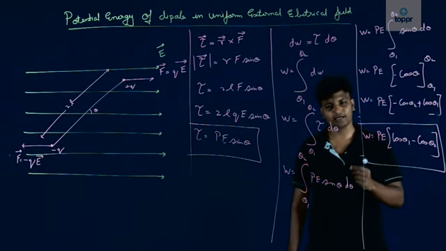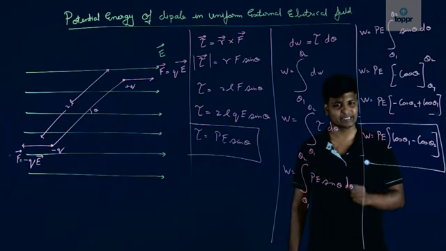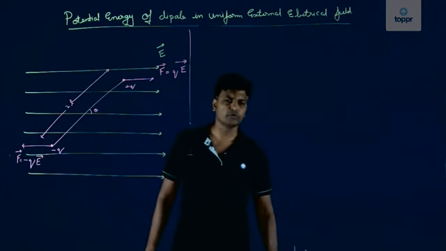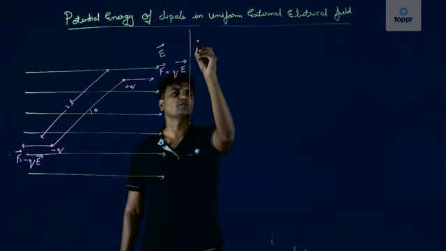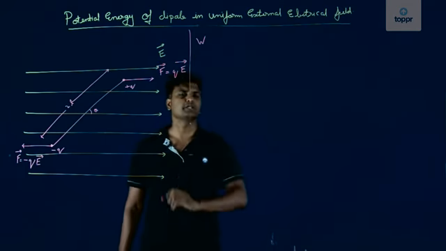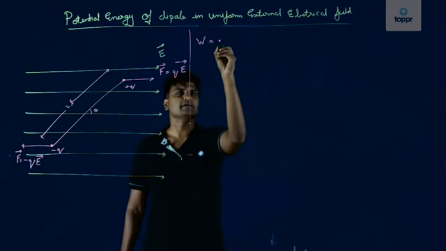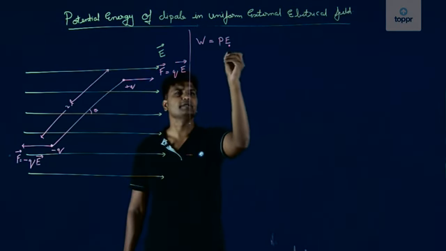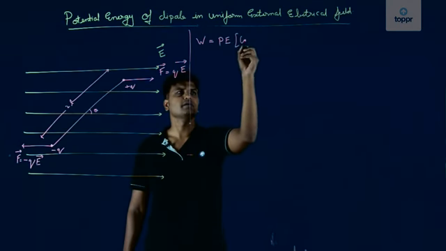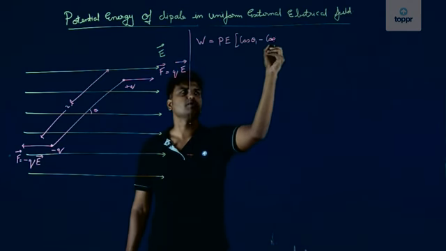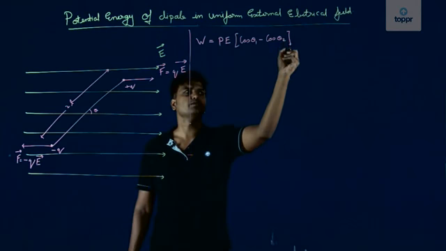Now, since we have got this equation for the potential energy, we will take some special cases into consideration and then understand. So, the equation of work done or the equation of potential energy, which we have already derived, is P into E, cos theta 1 minus cos theta 2.